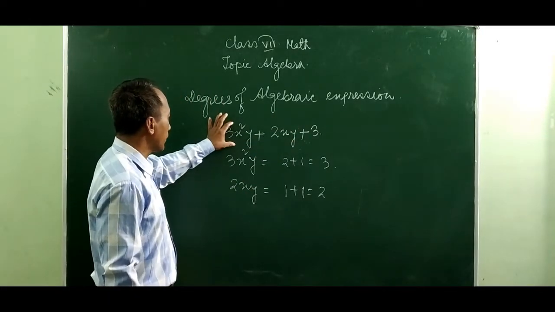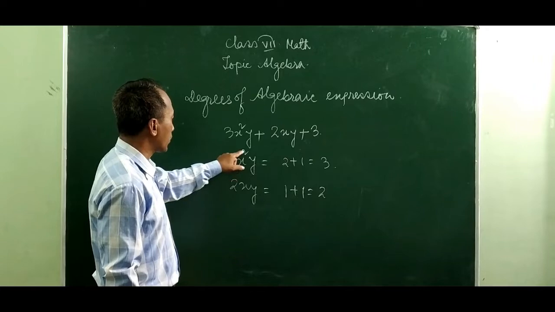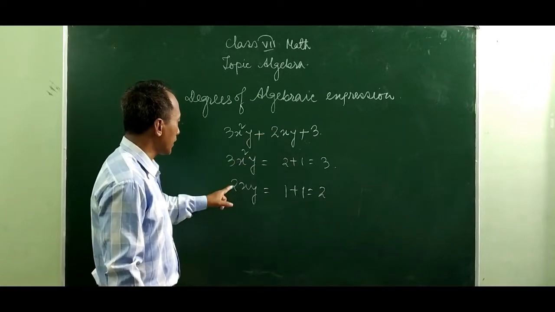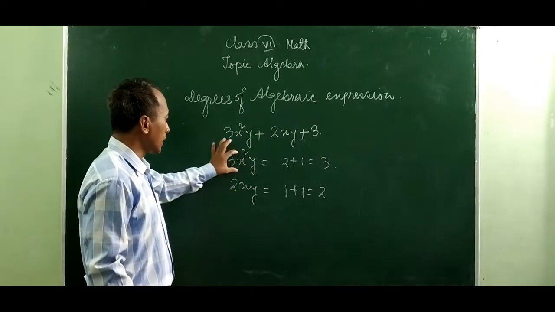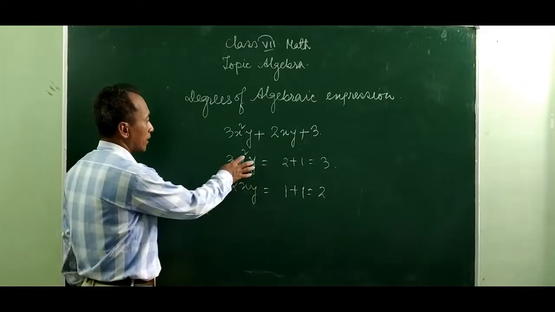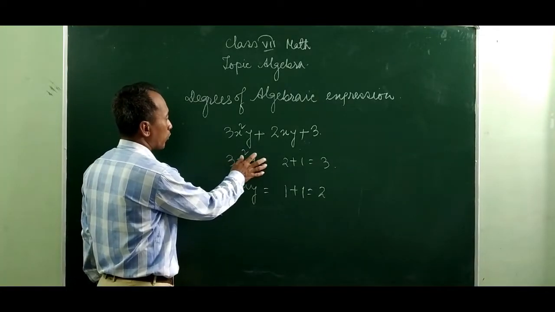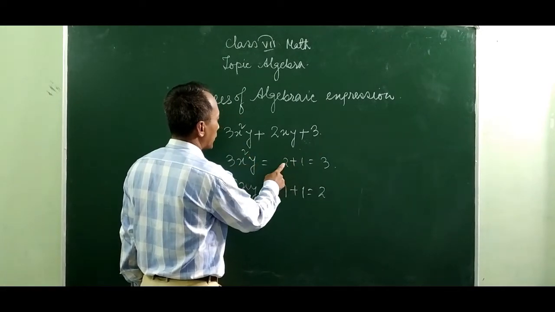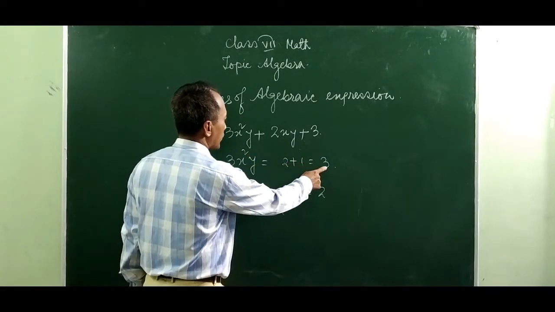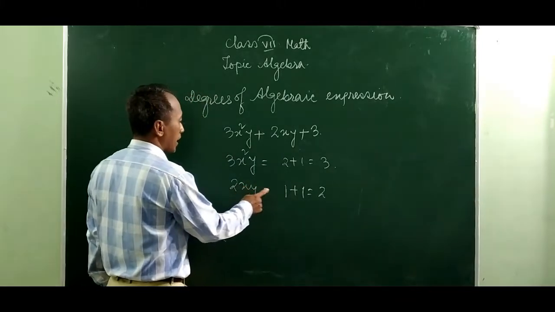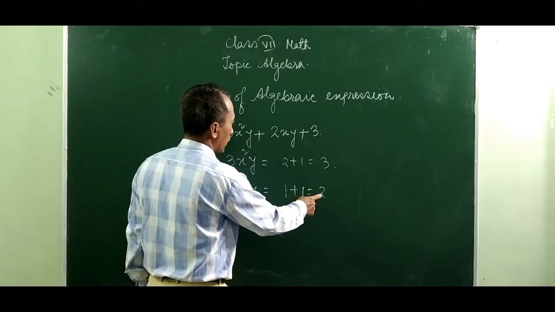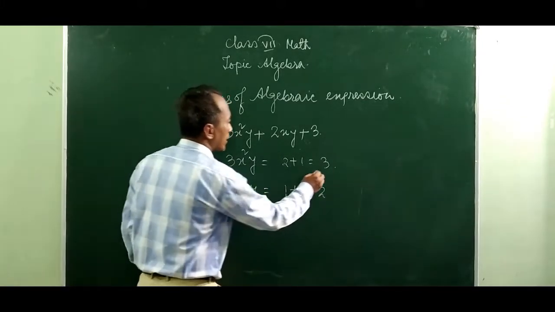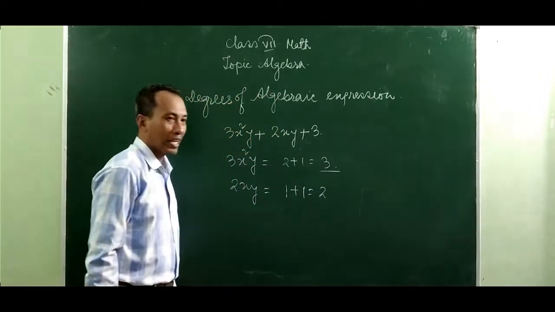In this term the variable is 3x square y, and here the variable is 2xy. In these, you are to add the exponents. When you sum the exponent, you see here is 3, and here it is 2. So, degree should be considered the highest sum of the exponent.